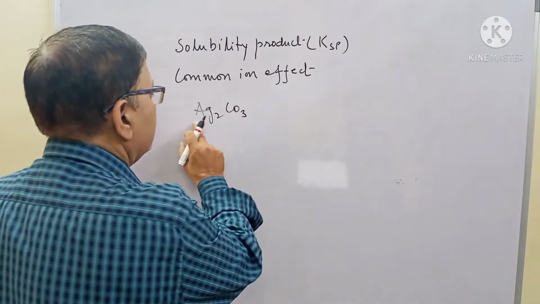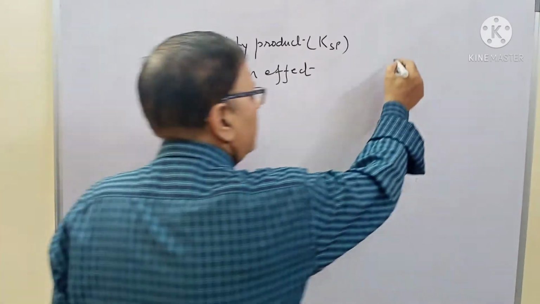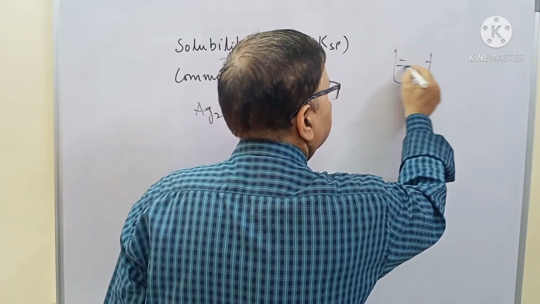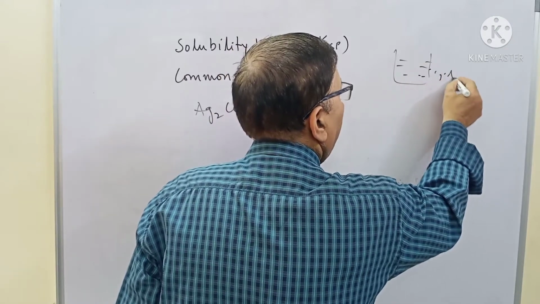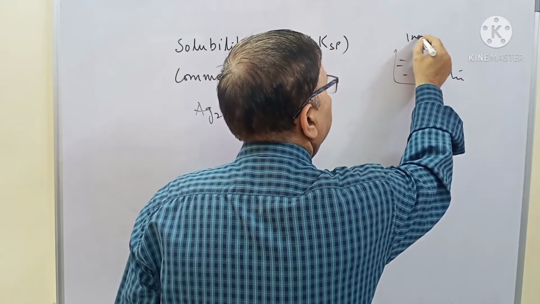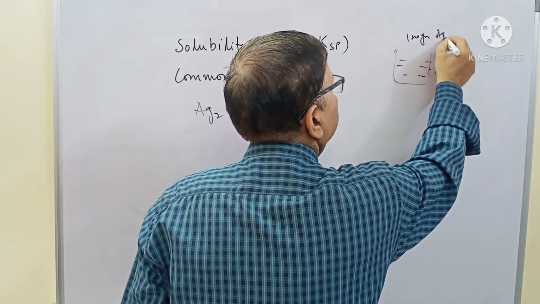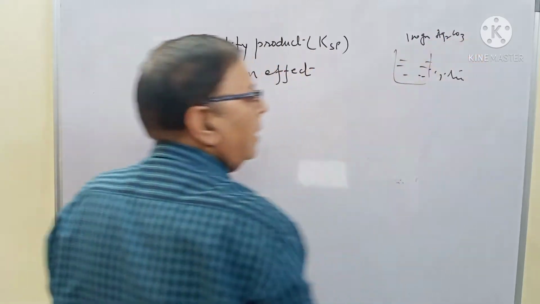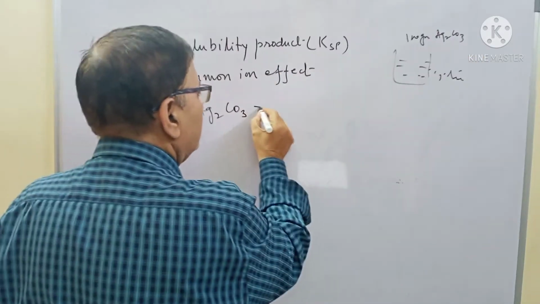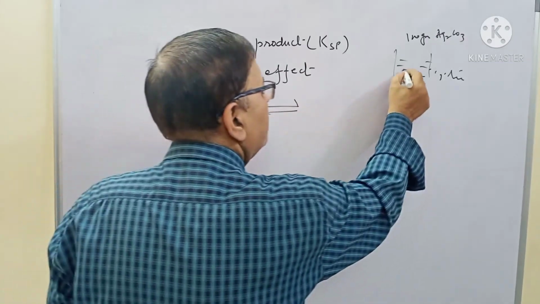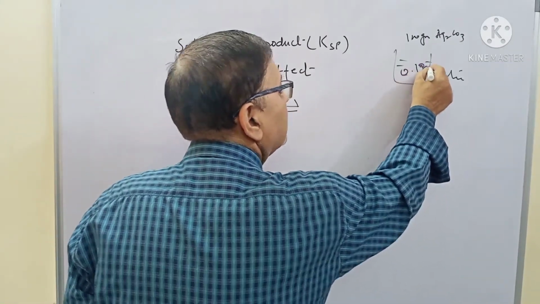Now silver carbonate: suppose in a flask you have taken 1 liter of water and added about 100 grams of Ag2CO3. Because it is sparingly soluble, only 0.1 gram will dissolve.